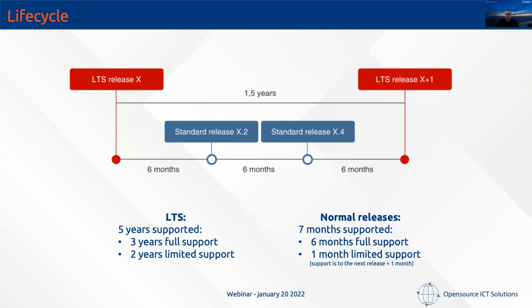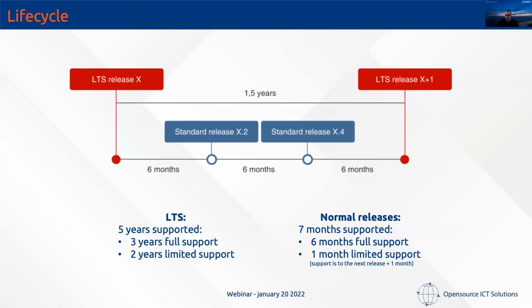Once an LTS release is released, we start with the next standard release, which is 6 months supported, normally up to the next standard release plus 1 month. And then the next standard release, the .4 in this case, is released 6 months later, followed by the next long-term support. Following this train, we have a new LTS version roughly every 1.5 to 2 years.